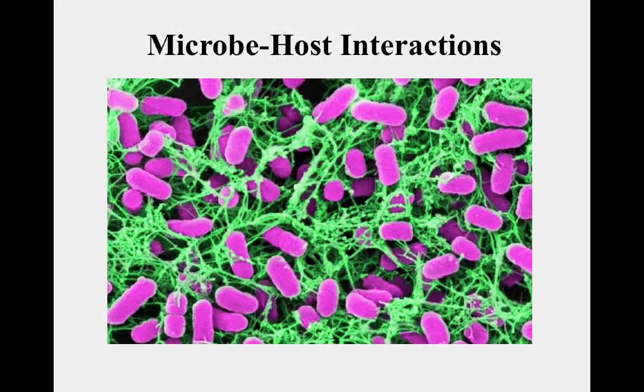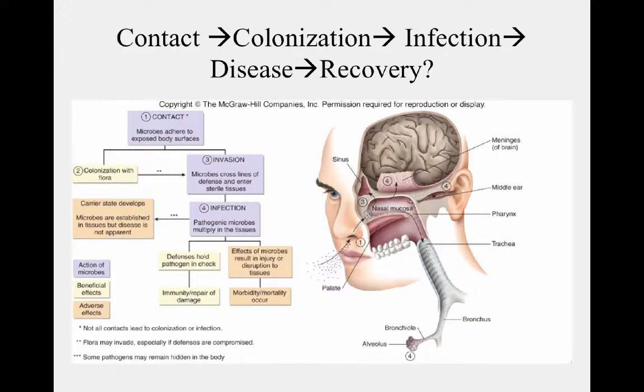So getting right into it, microbe-host interactions. I'll be covering today all of the steps that a pathogen will take to cause disease. So this involves the following steps. The microbe making contact with the human or the animal host. So how does it enter? What is the portal of entry?